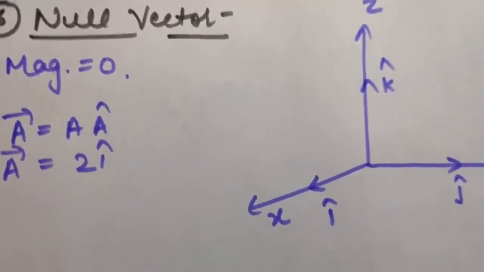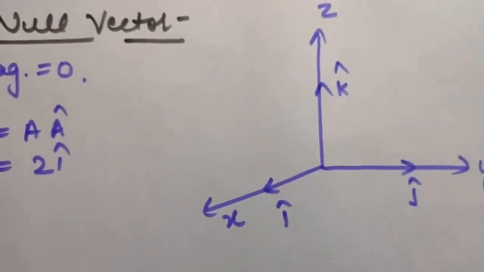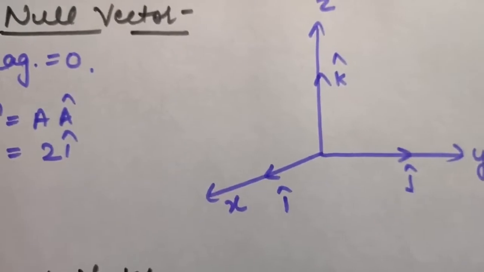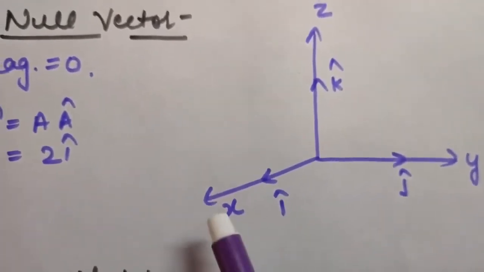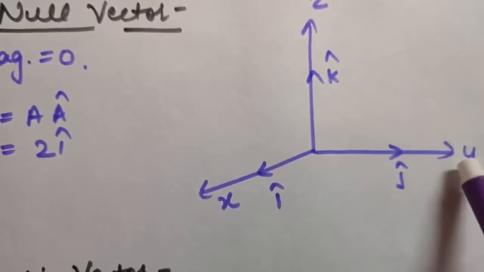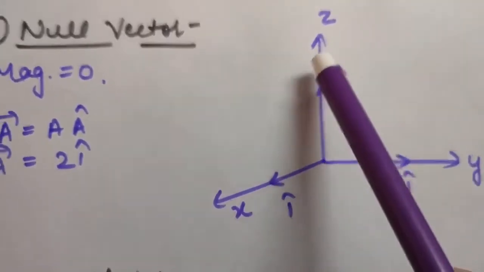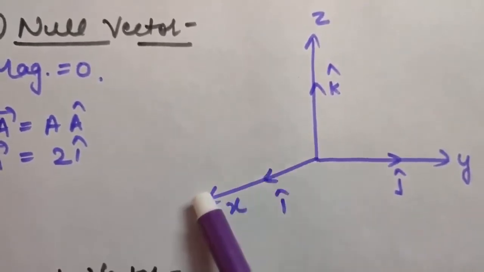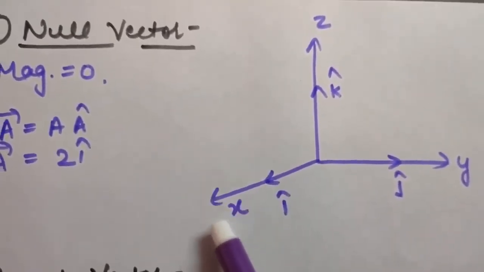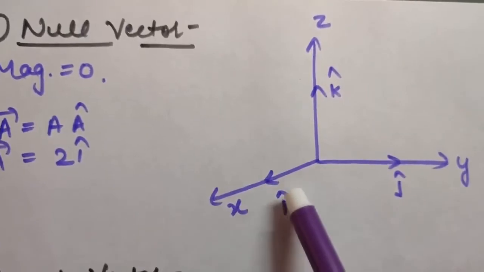As I told you, unit vectors give us direction and we write them as A cap, B cap, C cap, anything. Now let us suppose these are your coordinate axes, that is x, y and z. To represent any direction in x, we use i cap.